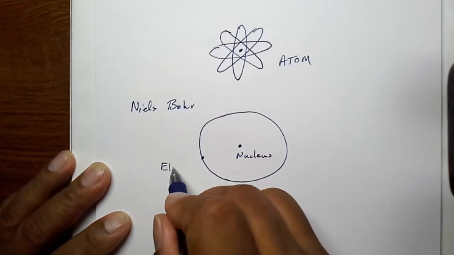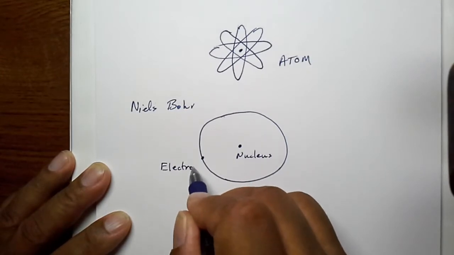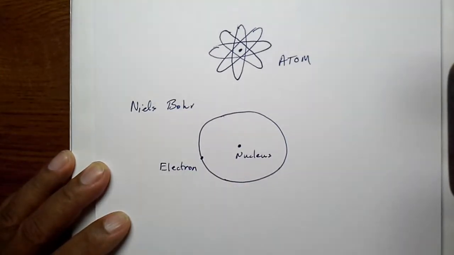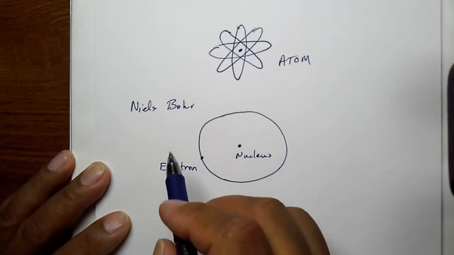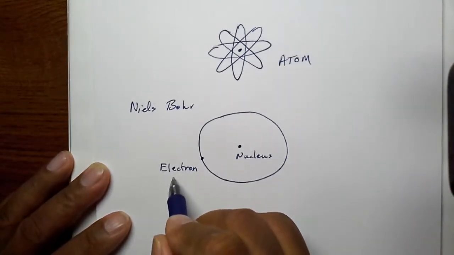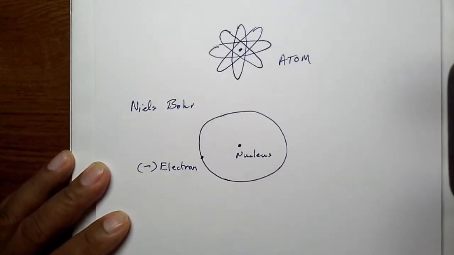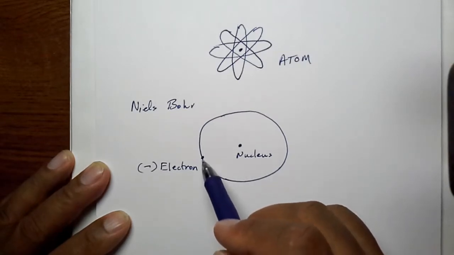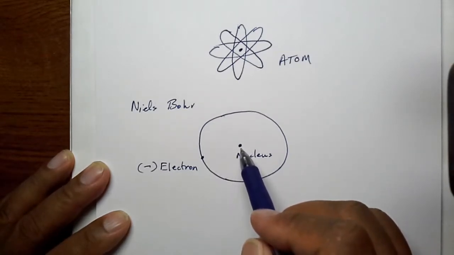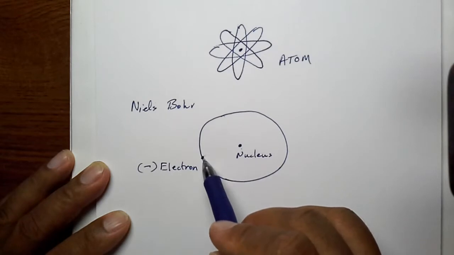And this is our first subatomic particle, the electron. And we'll talk more about the electron later on, but we know from experience that electrons are negative. And in actuality, their size relative to the nucleus is very small.